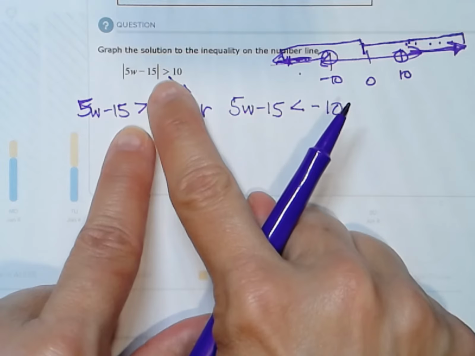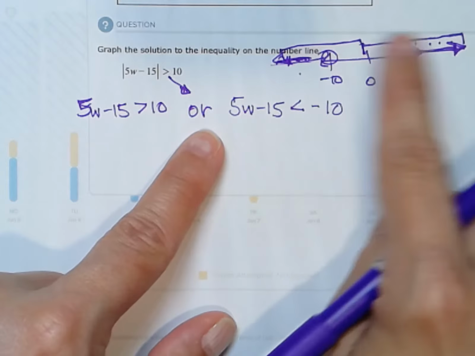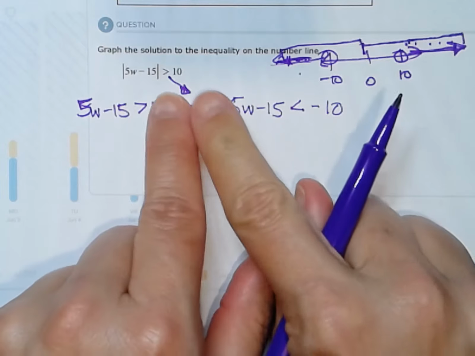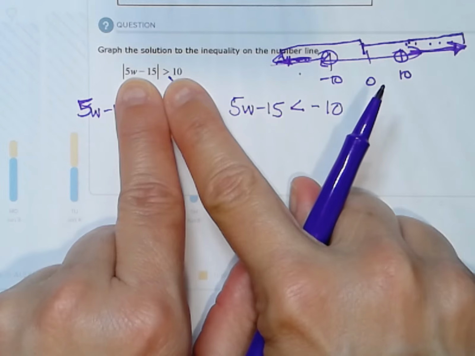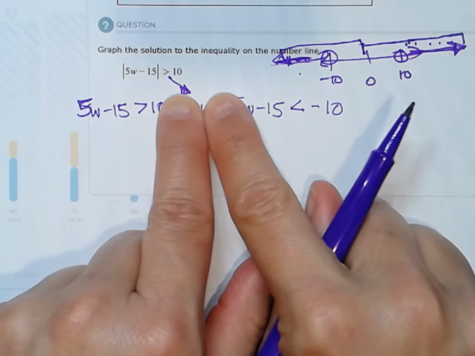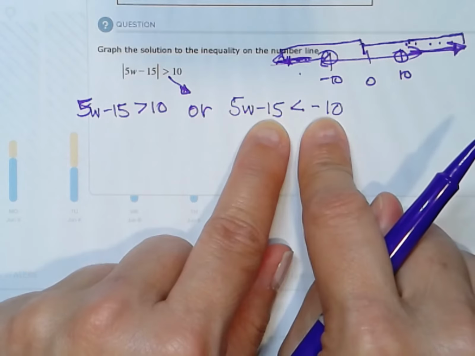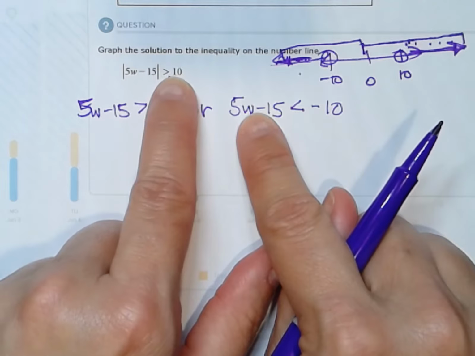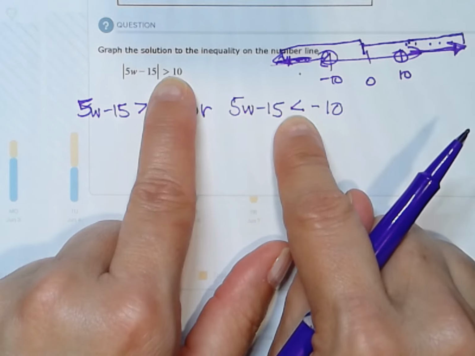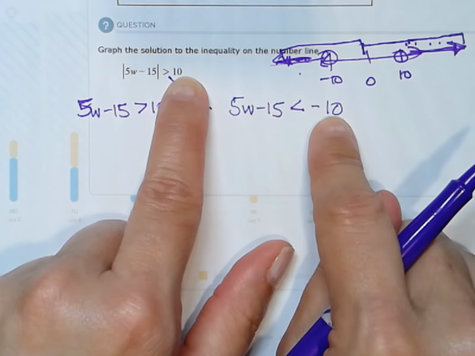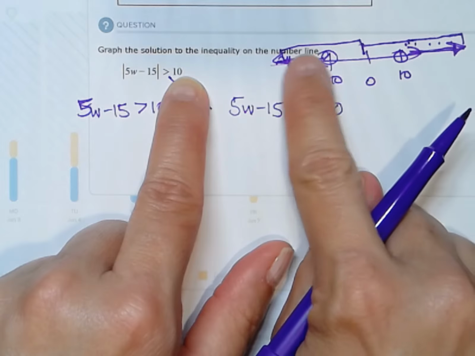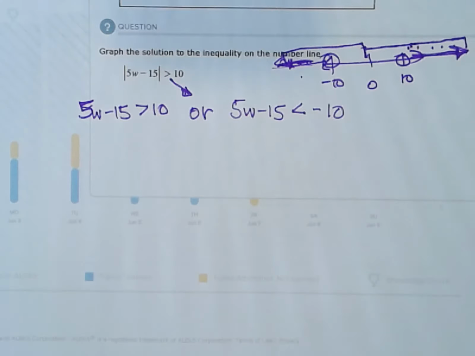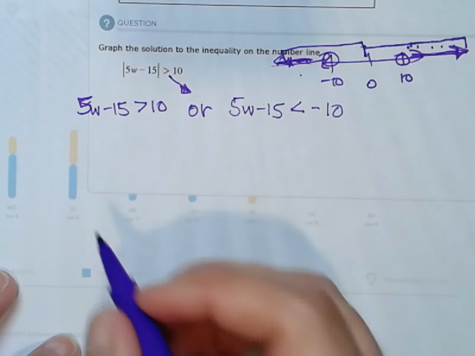And since this one was a greater than, I knew it had to be here or here, okay? And then I want you to notice on this side, look at your original and look at what you wrote. So I still have the 5w minus 15, but look at my symbol. And then look at my constant, my number, because these were over here. That's going to happen every time.